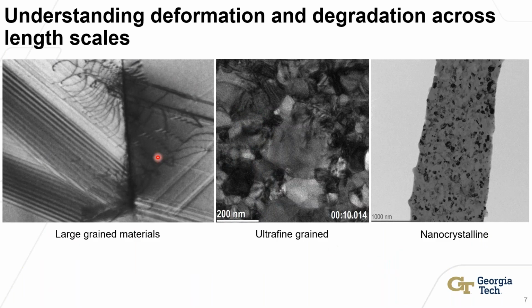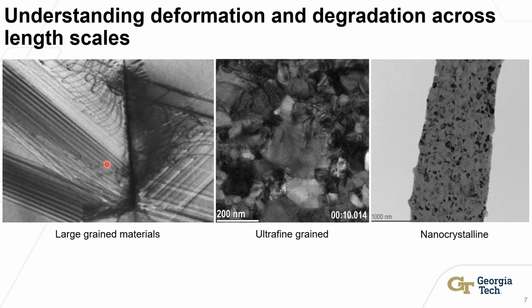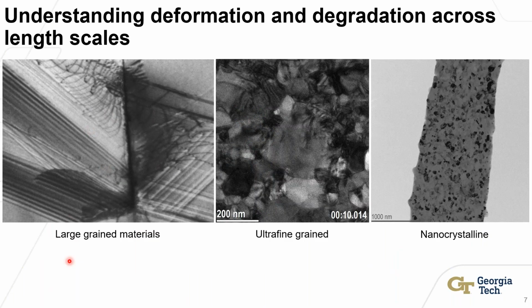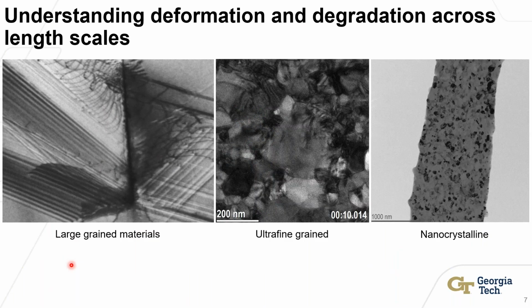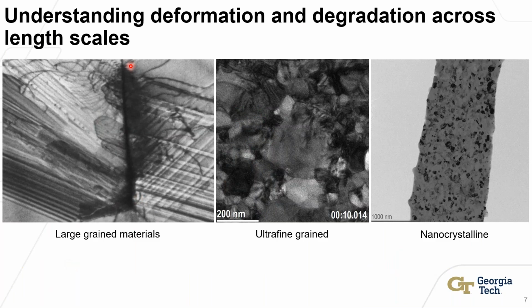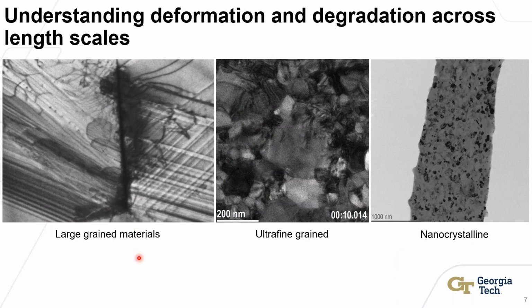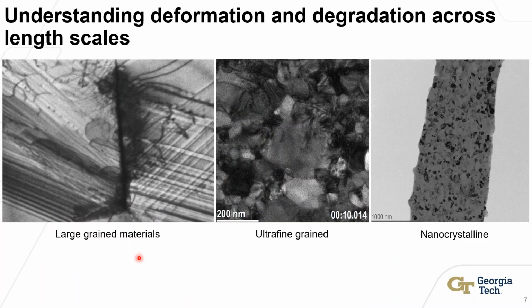So for example, here again, we just see those dislocations interacting with the twin boundary in stainless steel. This is a large grain polycrystalline material where a lot of what we're interested in is just how these dislocations are interacting with an isolated grain boundary, right? We can treat almost every feature as a feature in isolation to understand what's going on.